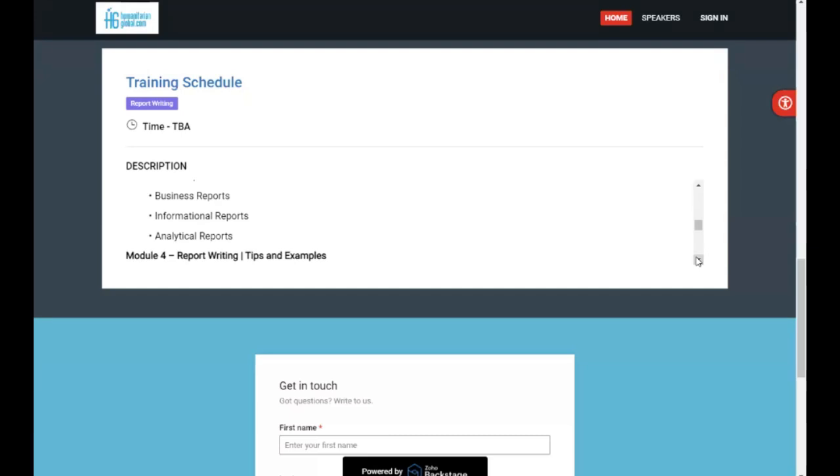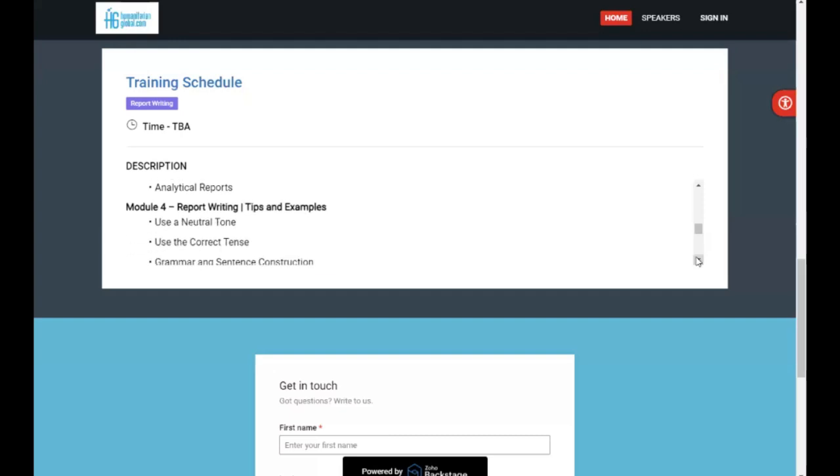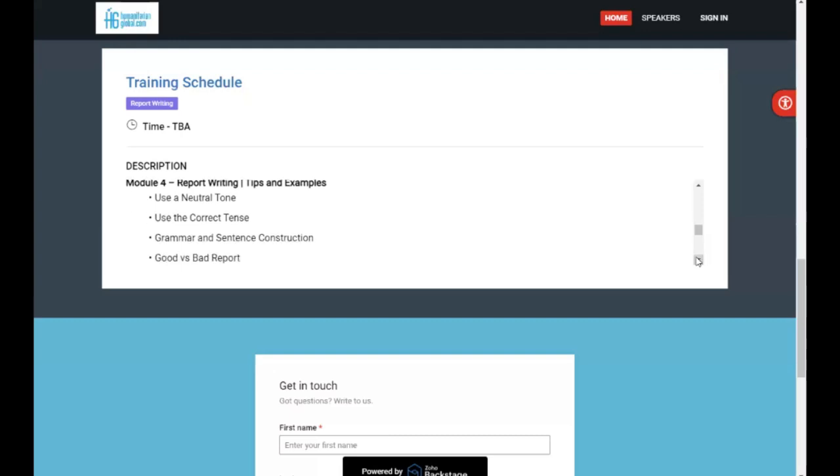Looking at the fourth module, it's about report writing tips, supported by the examples that we share. So how do you go about it? Remember, when you're working on reports, we have different types of reports. So we talk about the tone that you're going to use. We talk about the correct tense that you need to consider.